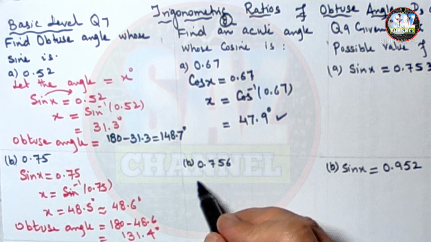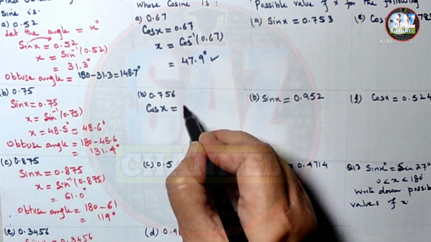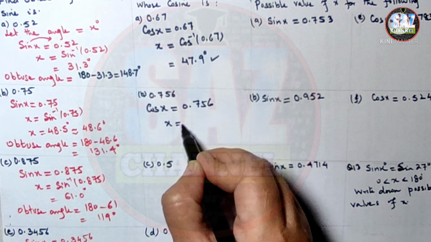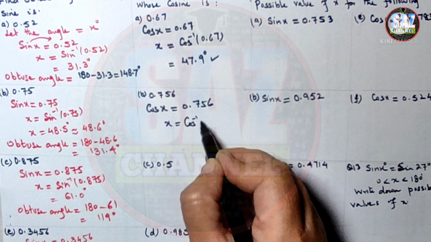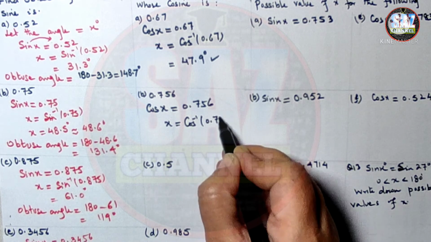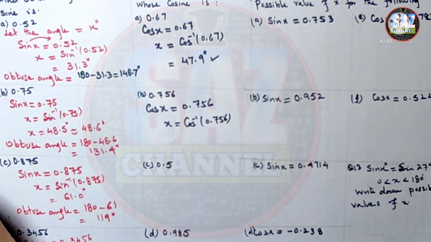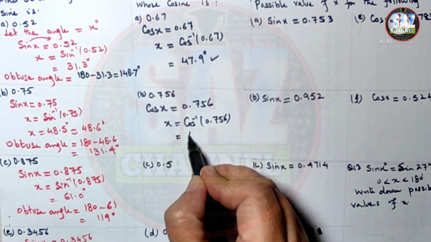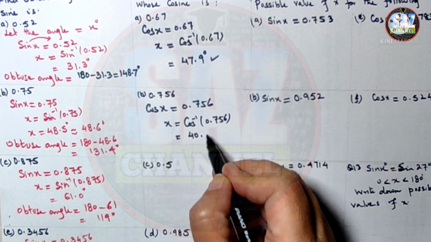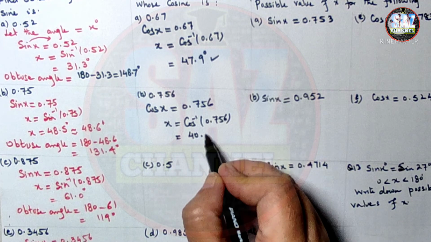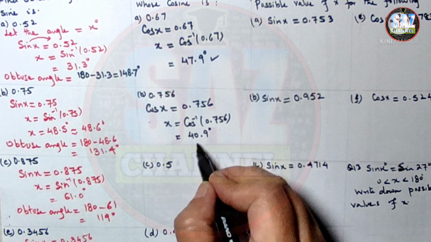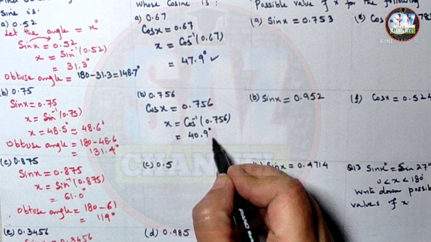Moving to the next part, whose cosine, cos of x equals 0.756, x equals cos inverse of 0.756, and this gives 40.88, so it will be approximately 40.9 degrees. 0.88 will become 0.9, so this will be the required answer.